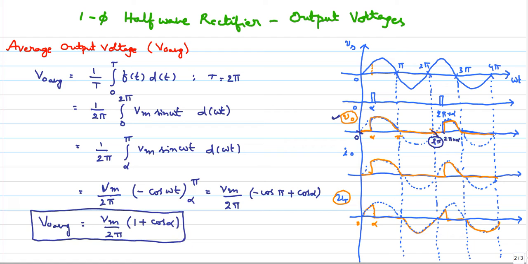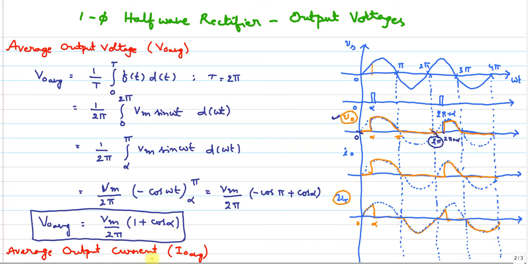That's all. Now let's move on to the RMS voltage. Of course, I can write one more thing for average output current. As we are using only resistive load, the current will follow the voltage.